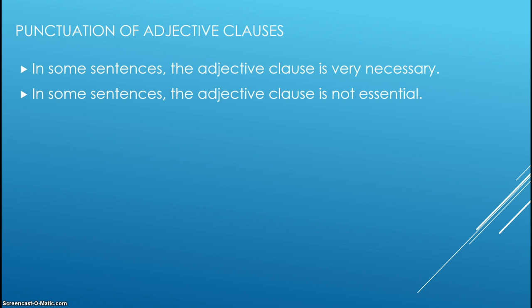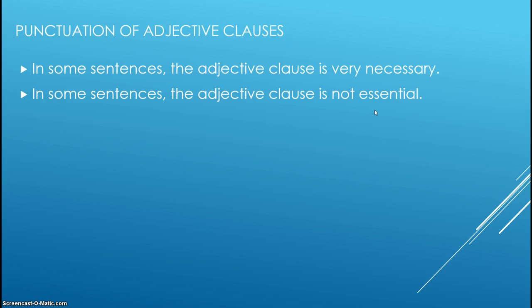However, in some sentences, the adjective clause is actually not essential. It's not really crucial for the meaning of the sentence. These are sentences with adjective clauses that just give some bonus information, some kind of, oh, by the way, information about the noun that they're modifying.